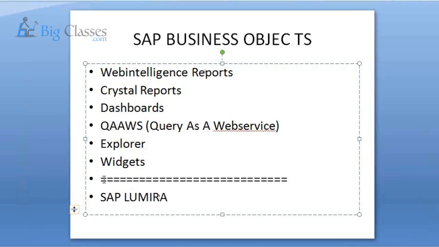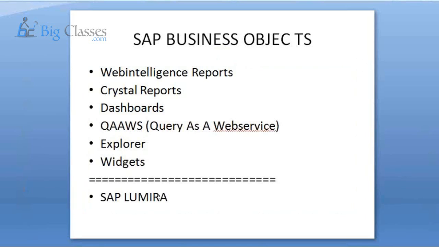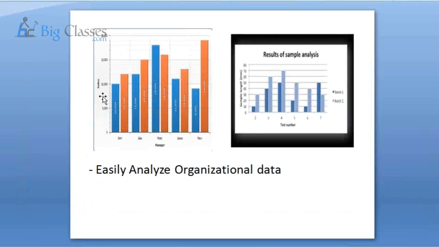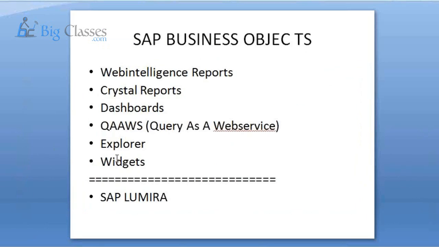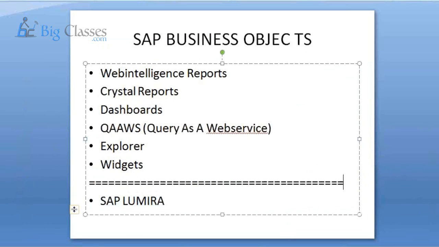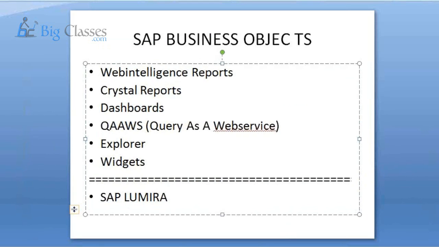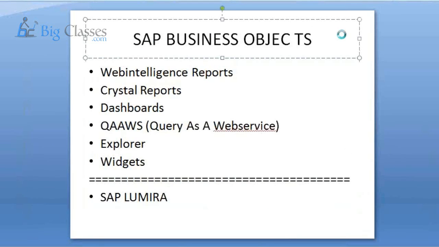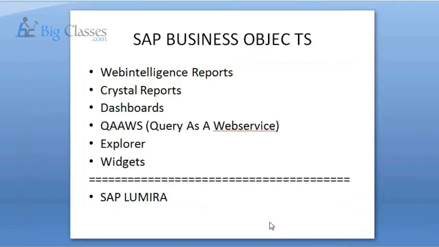These are all the various flavors that business objects supports, which means now you can ask me a question: why is business objects giving so many various types of reports? Can't we sustain our business with only one type of report? Absolutely you can.